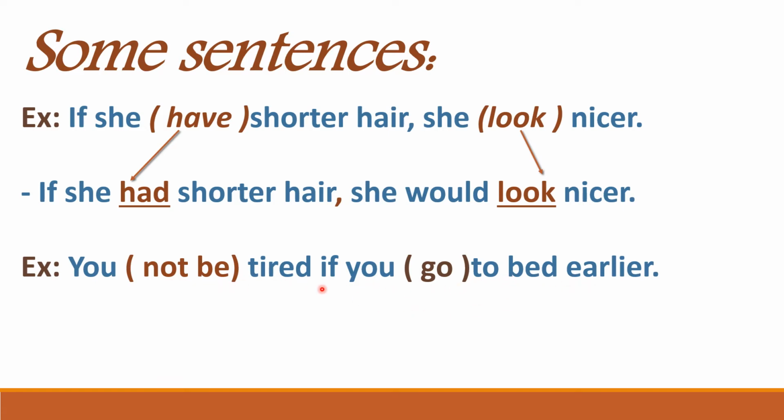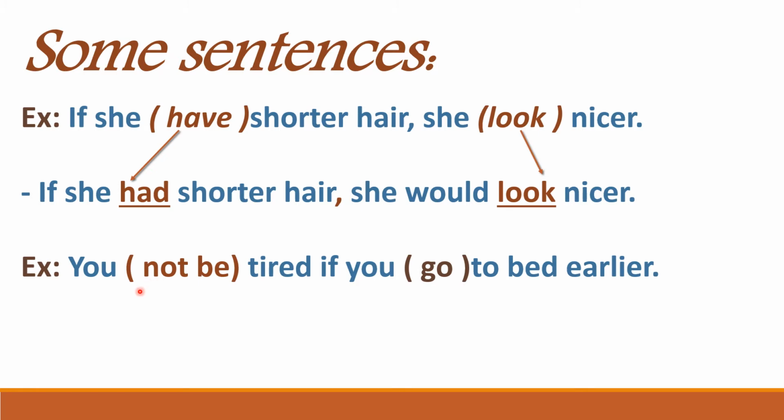We see here or notice something, that if is in the middle between these two parts, the if clause and the main clause. Its place changed to the middle. In the previous example if was at the beginning, but in this example it is in the middle. Since it is the second conditional, the sentence after if directly, whether at the beginning or in the middle, is past simple, and the one before it will be subject with would plus infinitive.